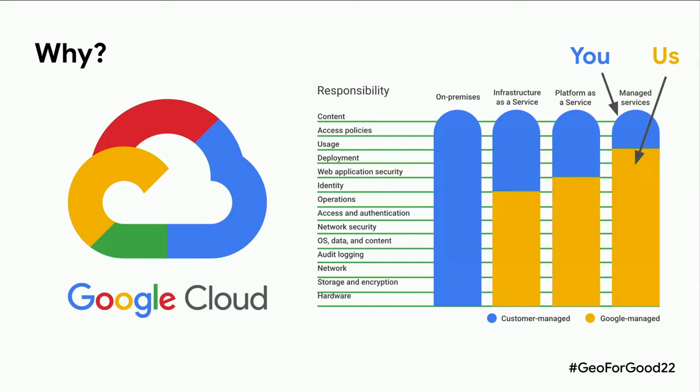All these services, this is probably pretty small to read on the screen there. If you were to do these things yourself, you are the blue. We here at Google, we are the orange or the yellow. So if you were to, for example, build a web application that integrated with Earth Engine, and do that on your own, you would be in charge of the hardware.